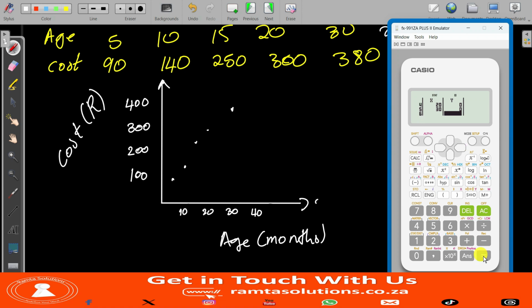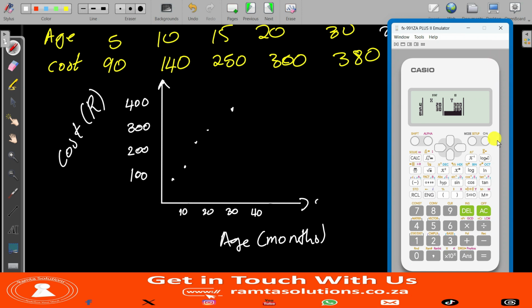Now you use the up, down, left, right keys to fill in the data for the y values. So they are 90 equal to, 140 equal to, 250 equal to, 300 equal to, then lastly 380 equal to.